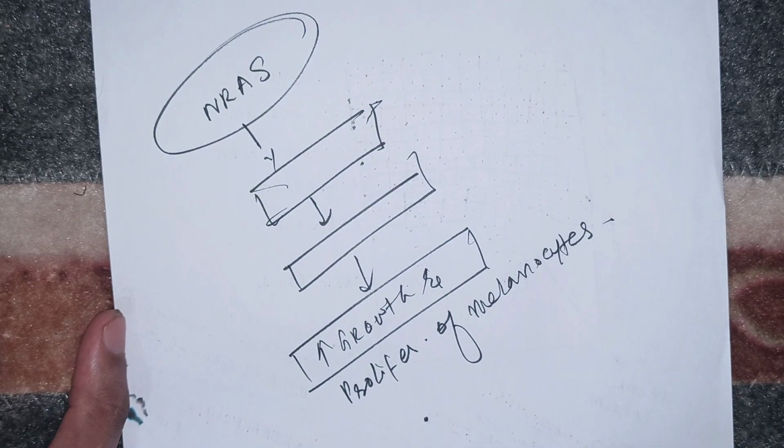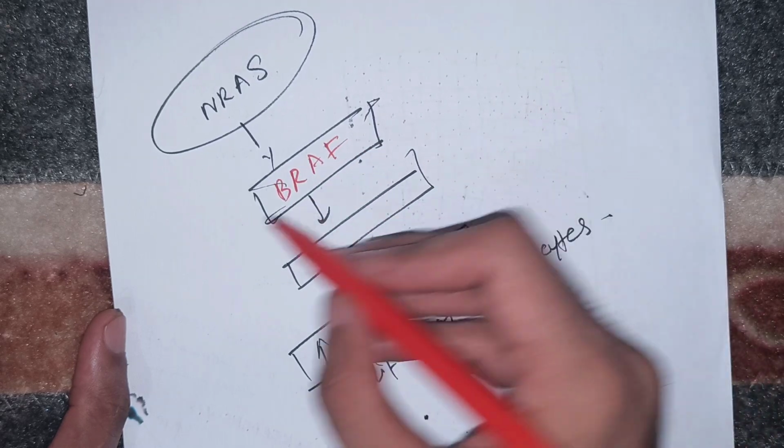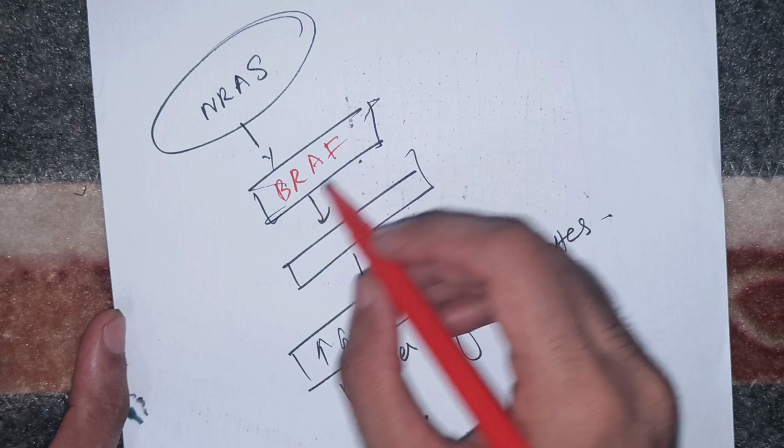Okay, and one downstream pathway that I need to mention is the BRAF pathway, serine threonine kinase BRAF. Okay, this is a downstream pathway.